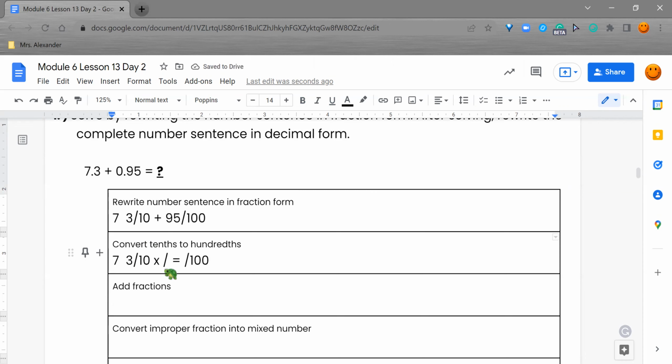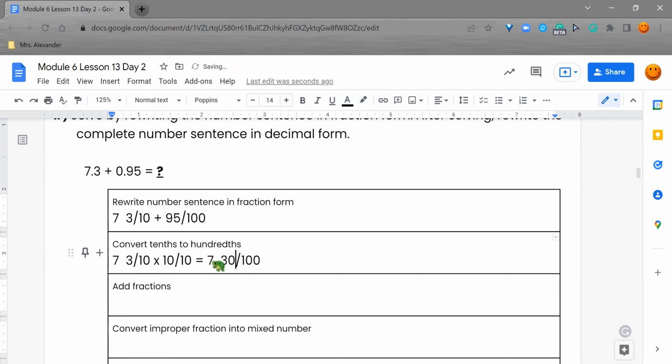Now, do you see this 7? I'm going to put it right here next to the equal sign, only because it's just coming along. I'm not changing that. I'm changing the fraction. So I see that 10 times some number equals 100, and I know that's 10. So what I do the bottom, I do the top. So now I get 3 times 10. So right here, I'm going to do 3 times 10, which I know is 30.